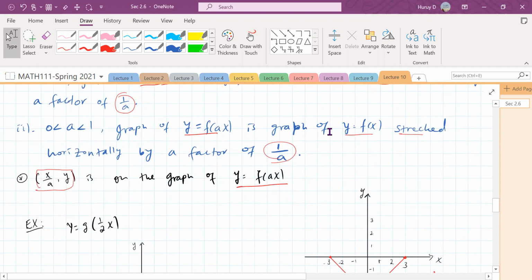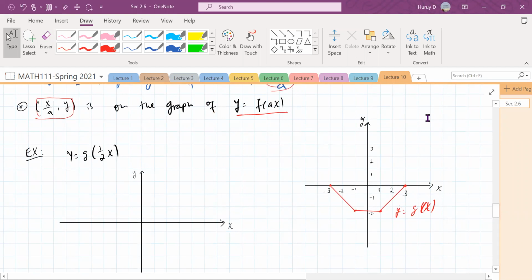And this second case says the new graph is stretched horizontally by a factor of 1 over a. So here a is 1/2. That means 1 over a is what? 2. So the stretch is horizontally 2 units.